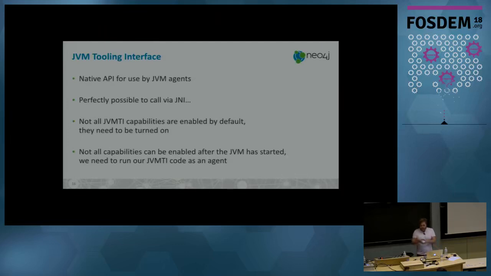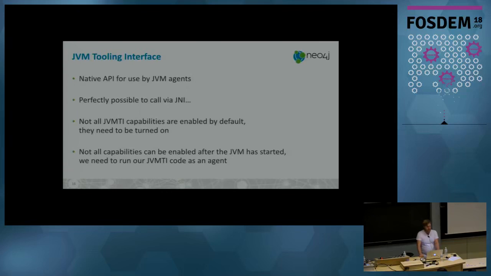Although you might still need an agent in order to enable certain capabilities, because not all JVM TI capabilities are enabled by default, just like not all instrumentation capabilities are enabled by default. And some of them cannot be enabled once the JVM has started running. They have to be enabled before.